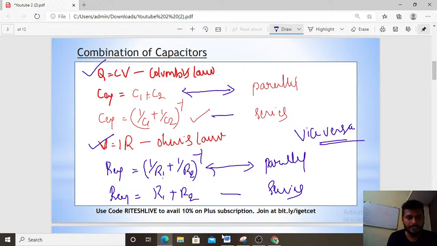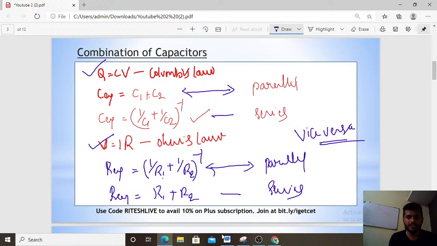So what I will do is solve one numerical from capacitor, then take an exact copy of that numerical and write resistor in place of capacitor. Then see how you are going to solve that. Don't make any confusions regarding that.